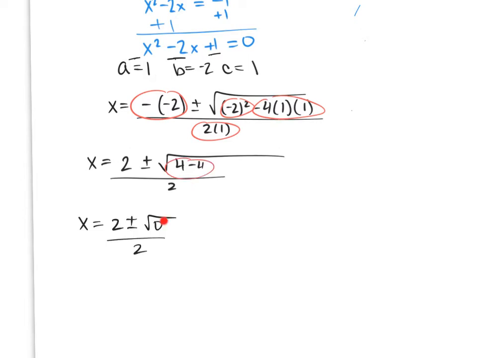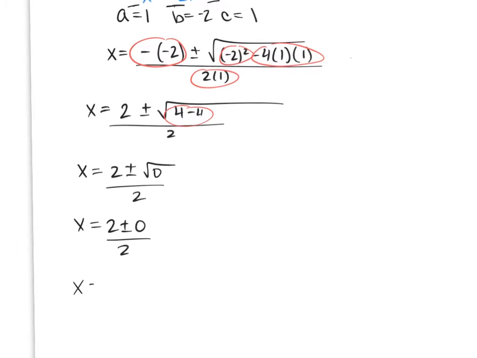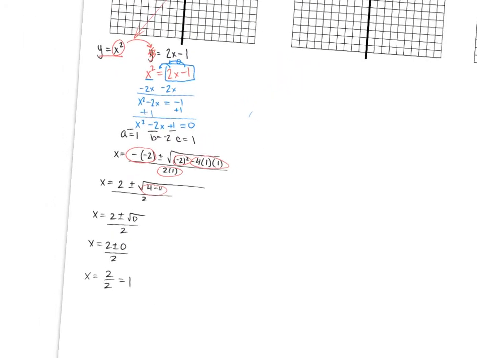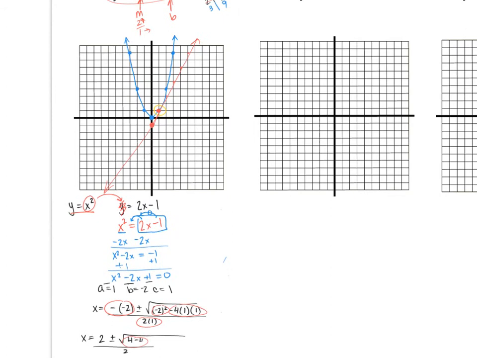Well, what is the square root of 0? It's just 0. So that means x equals 2 plus or minus 0, over 2. Even if you add 0 or minus 0, it won't change anything. So that means x equals 2 over 2, or x equals 1. Oh, totally. x absolutely equals 1. My x value of my intersection point is 1.